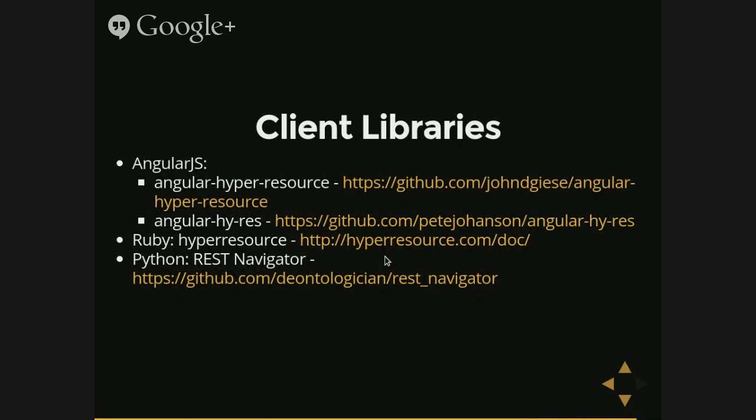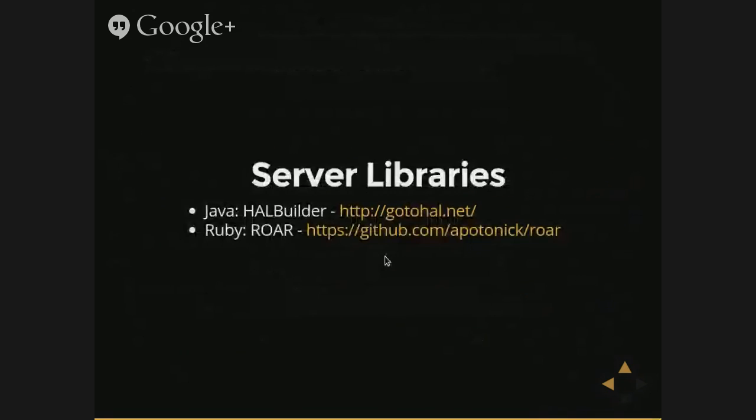Client libraries for consuming an API: for AngularJS, there's an existing one, Angular Hyper Resource. I have a library, Angular High Res, that's fairly new, but doing a lot of the stuff that you saw in my slides. If you're doing Ruby, Hyper Resource is a really nice Ruby library for consuming Hypermedia APIs. Python has REST Navigator. And then on the server side, for work, because we're enterprisey, we use Java.